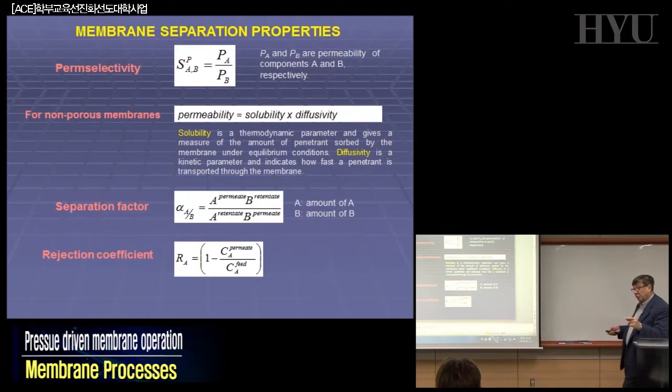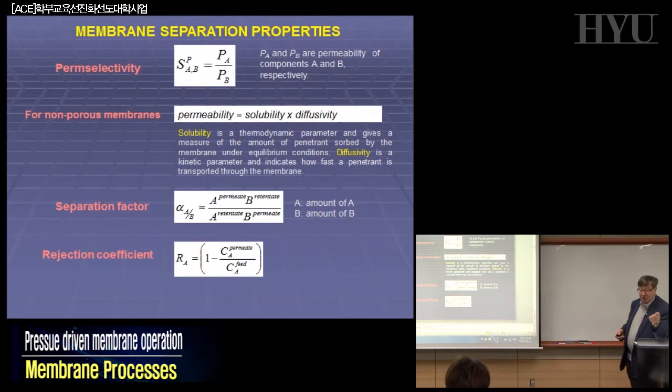The term that you will find more usually is what we call the rejection coefficient. Rejection coefficient is the one you find in a table, or when you buy a membrane, given as a number: 90% rejection, 85% rejection.